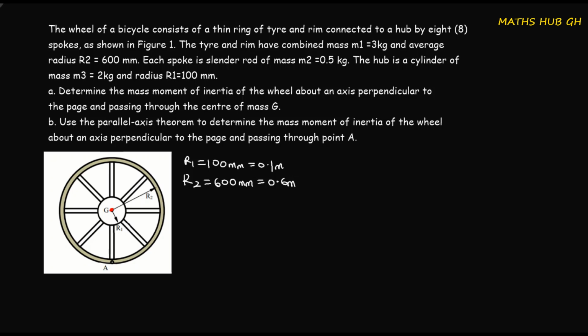We consider the tie and the rim as a ring, so we are going to use the formula for the mass moment of a ring to calculate the mass moment of the tie and the rim. So let's look at how you are going to do this.